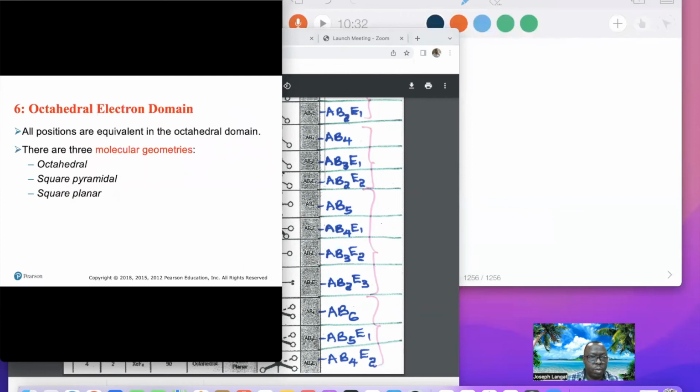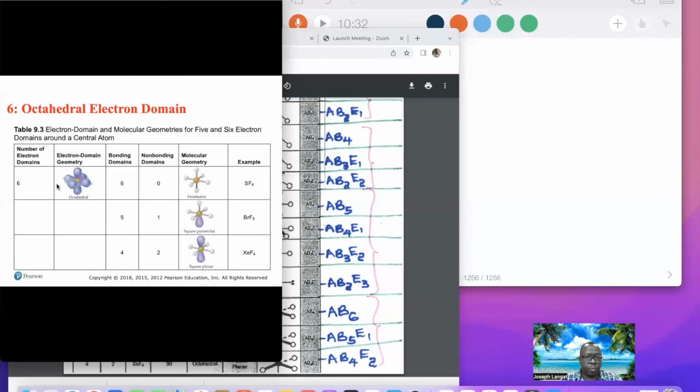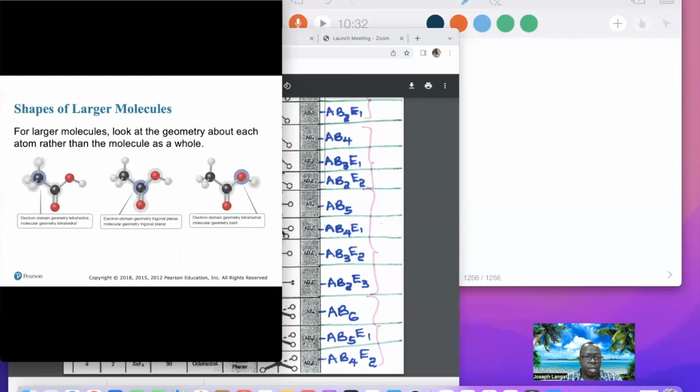You can do the same thing for octahedral, where you can define the molecular geometry as octahedral, square planar, or square pyramidal. These are the descriptions of molecular geometries for six domains.